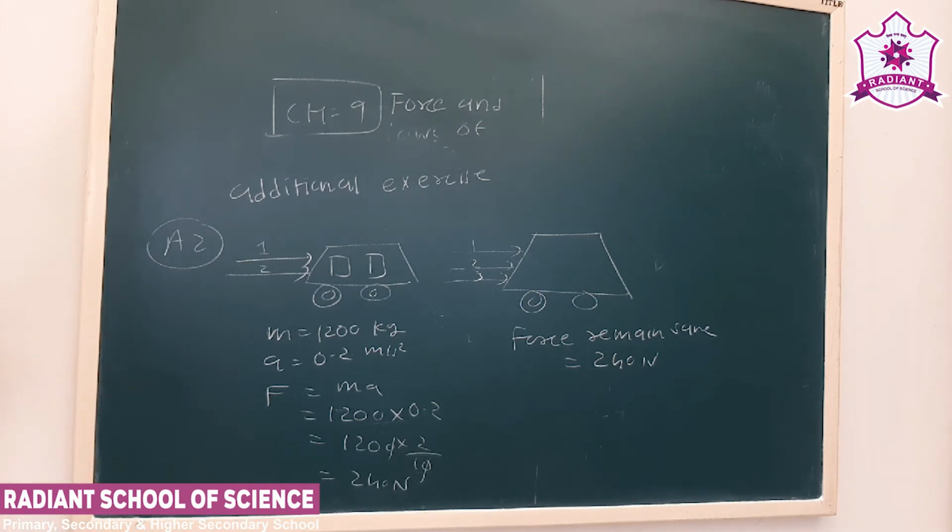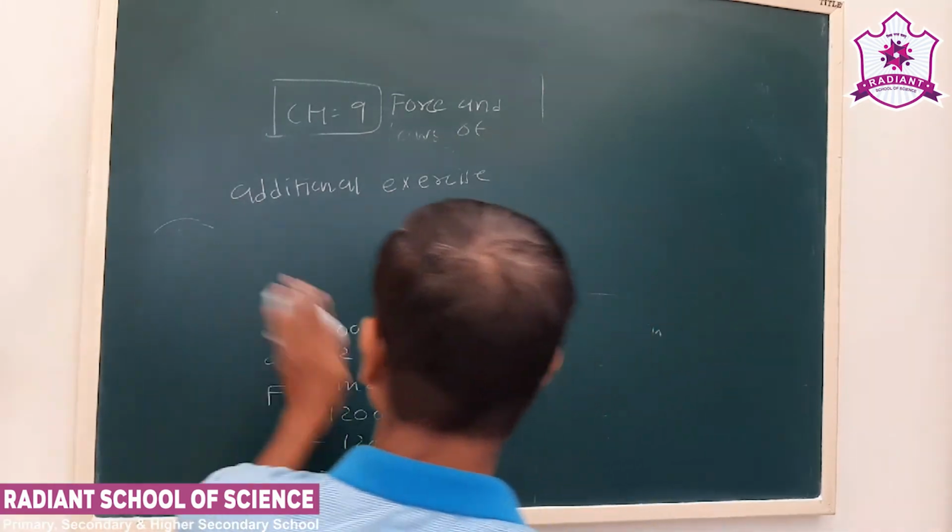Now this is sum number A2. Now we take sum number A3.